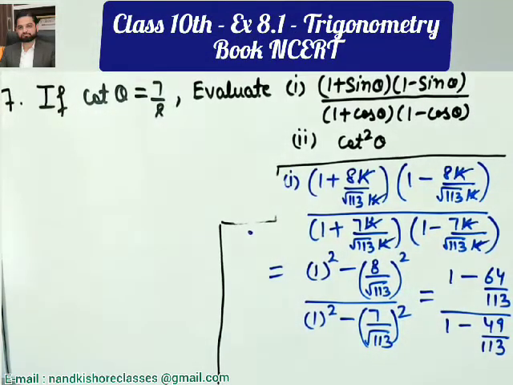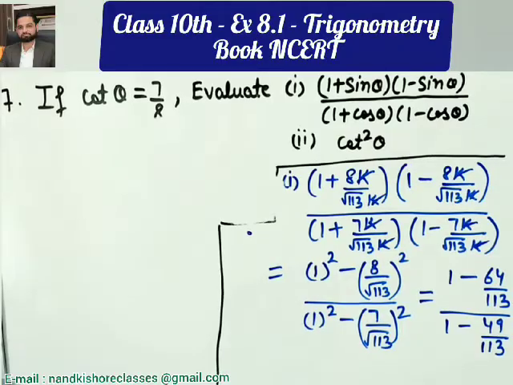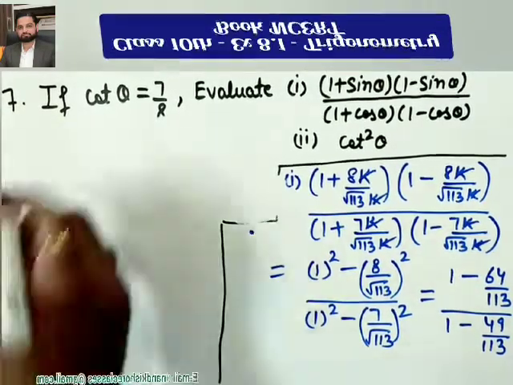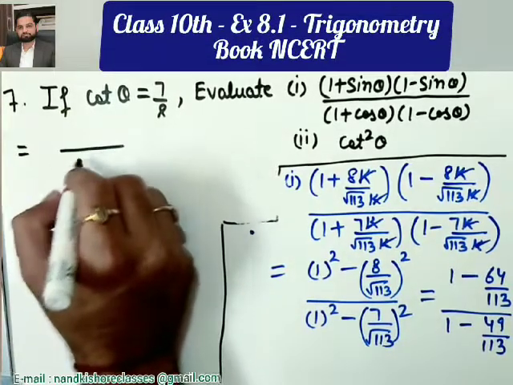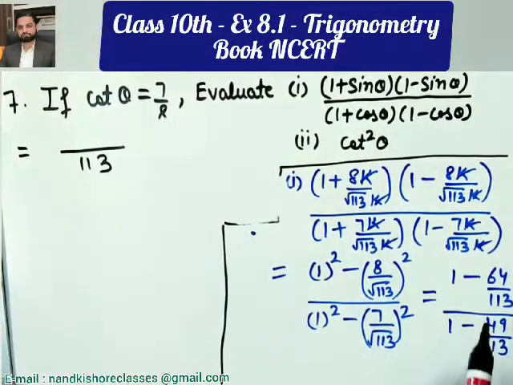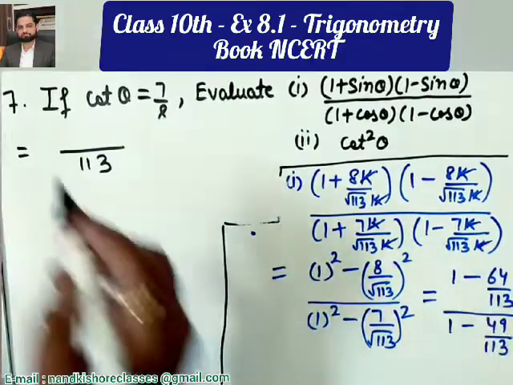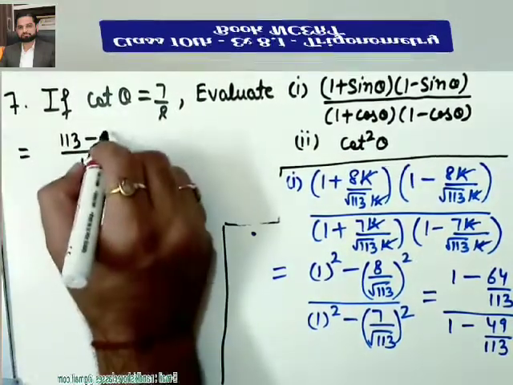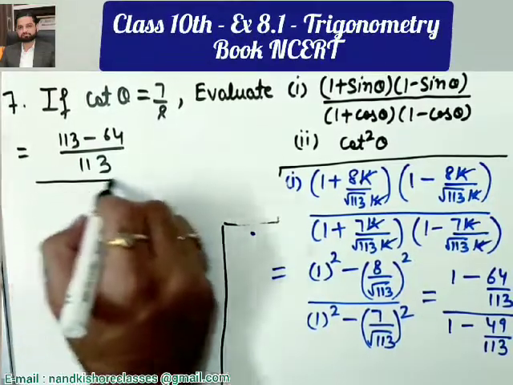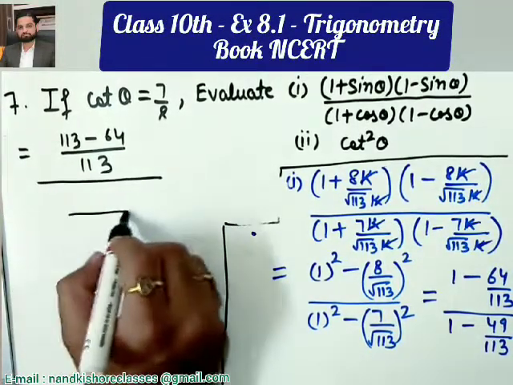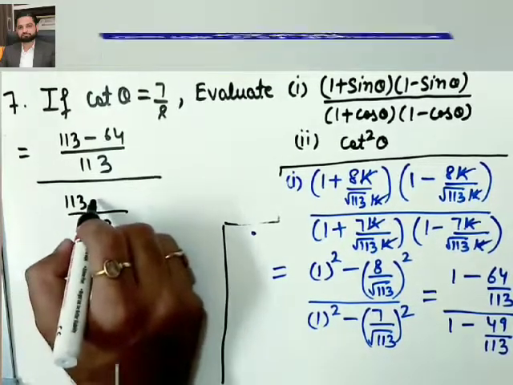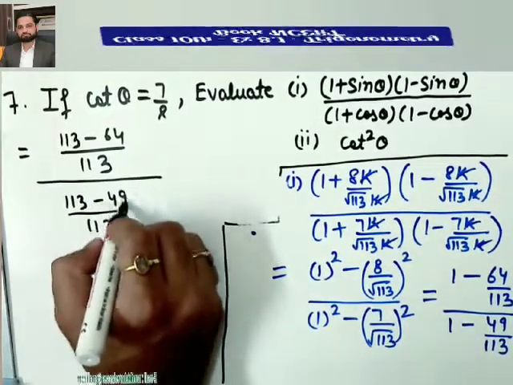We need to take LCM now. See, 113 is there, so in the numerator 113 LCM will come. And 113 multiplied with 1, we get 113 only. Then 64 is there. In the denominator, again 113 LCM and 113 minus 49.